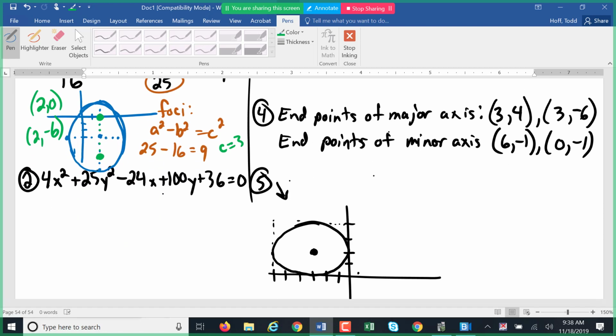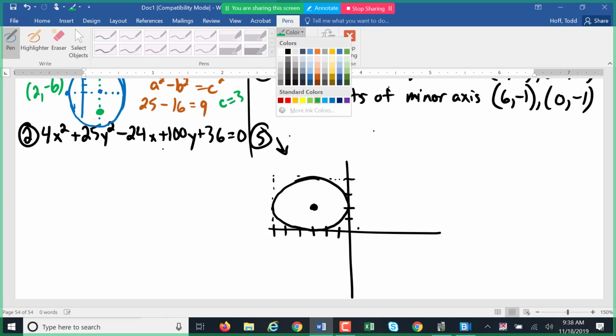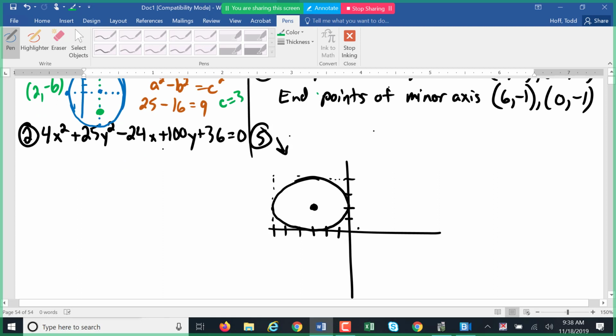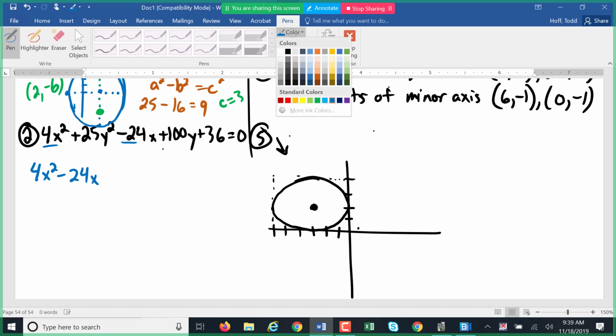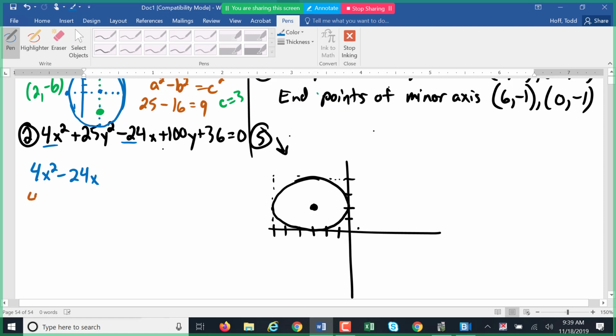Number 2 here requires a little bit more work. Now I realize number 5 was cut off. We'll come back to that one when we're done here. But number 2, I've got to group the x's together. So I've got 4x squared minus 24x, and I'm going to go ahead and factor out that 4. So x squared minus 6x.